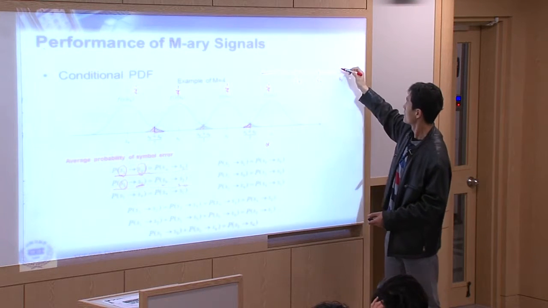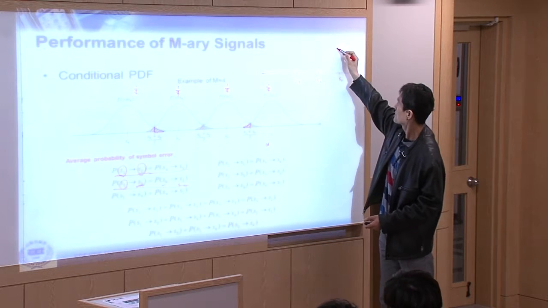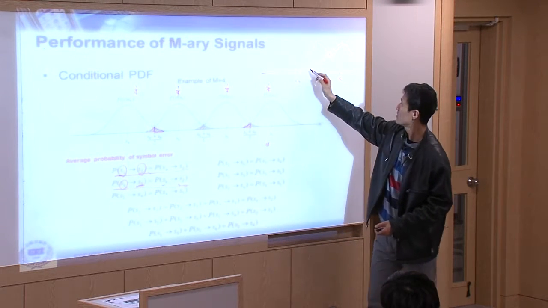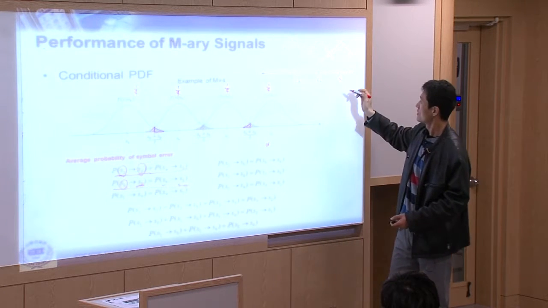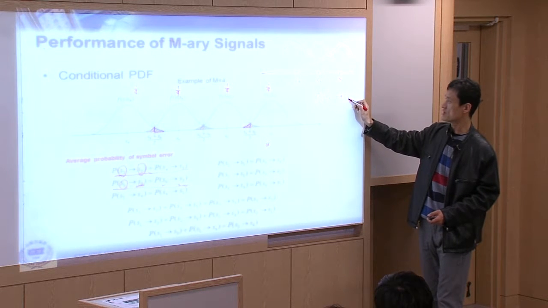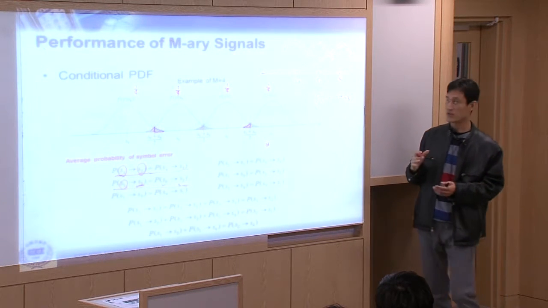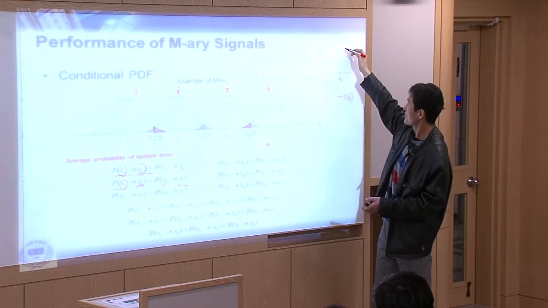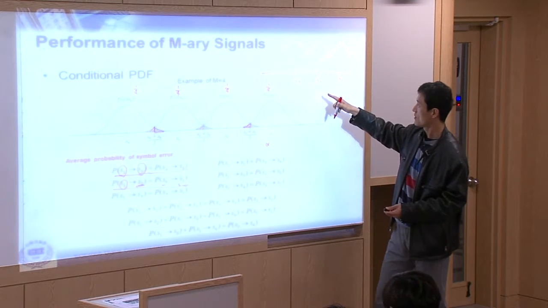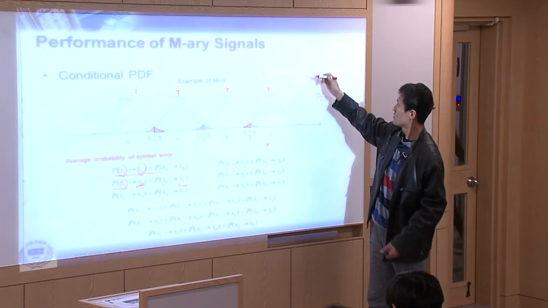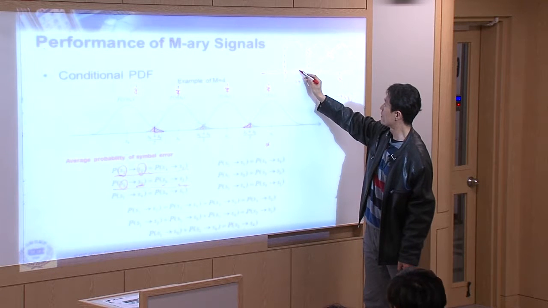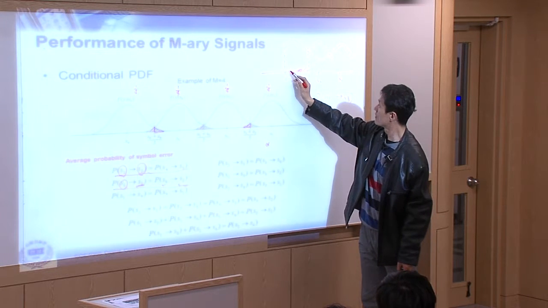S1 is Gaussian like this. S2 is Gaussian like this. S3 is again Gaussian like this. So the probability that S1 is transmitted but I received S3, that's of course an error. But that error is very small. This is the error.